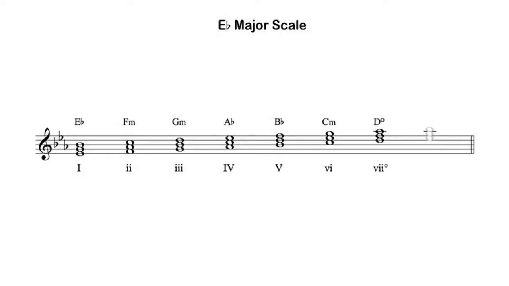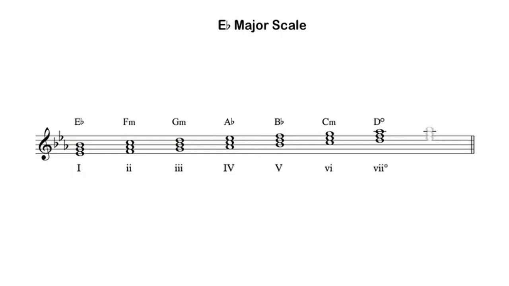We'll use capital Roman numerals to denote major triads, such as on the tonic, subdominant, and dominant. Lowercase Roman numerals denote minor, such as on the supertonic, mediant, and submediant. And lowercase with a degree sign denotes diminished triads, such as the leading tone triad.